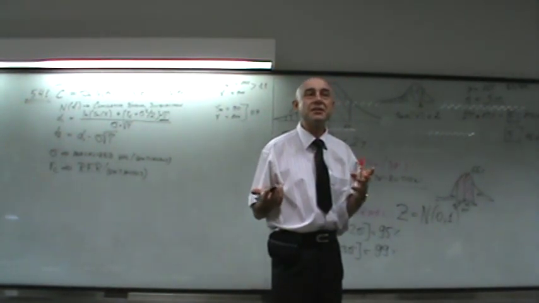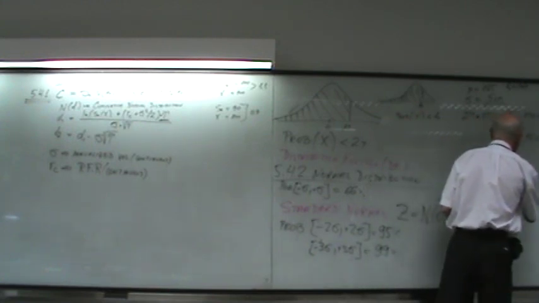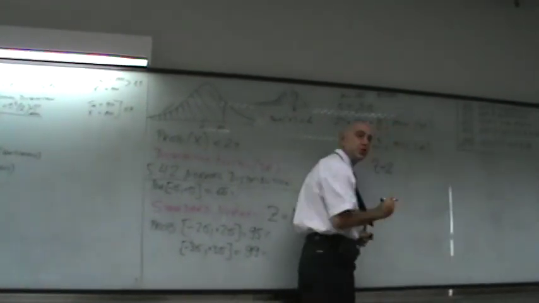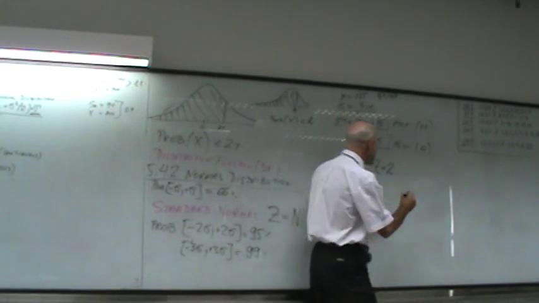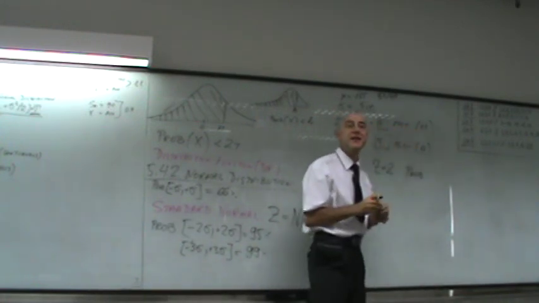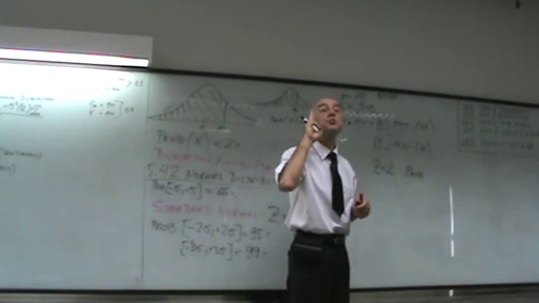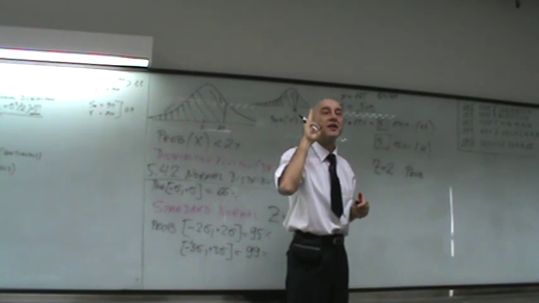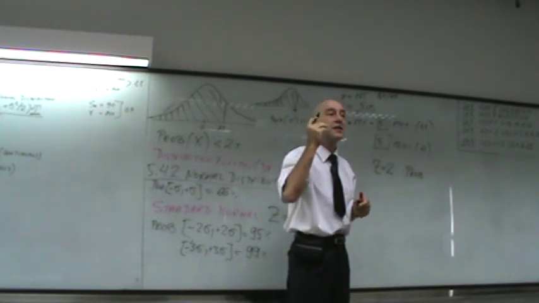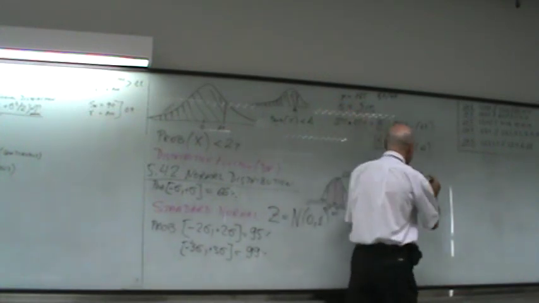When we say 2 sigmas, we simply say z equals 2. And for z equal 2, what's the probability? What's the cumulative probability? Come on, guys. 0.9772.